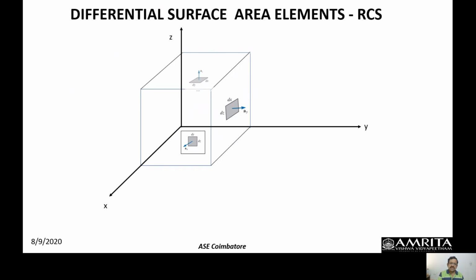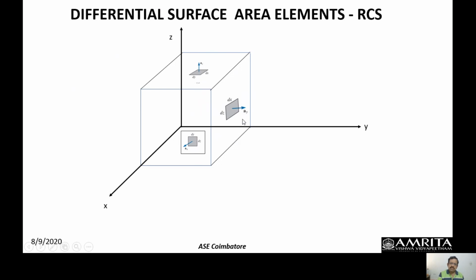Again, for the top surface I have to take z equal to 1, which means z is constant. There is a direction obviously associated with the surface area, and the outward normal is always taken as the positive direction.